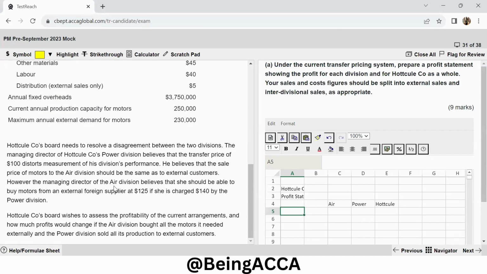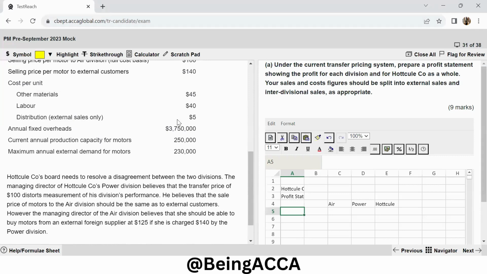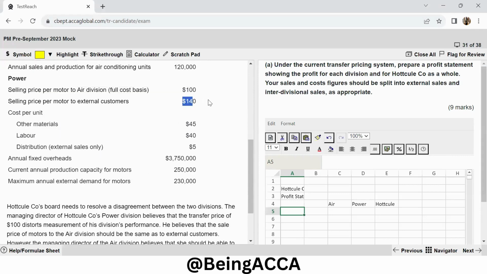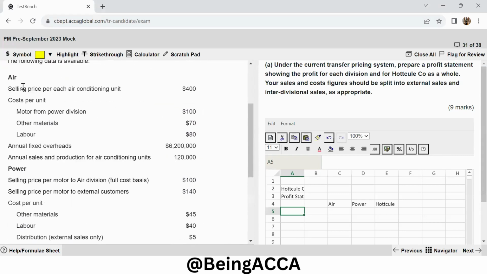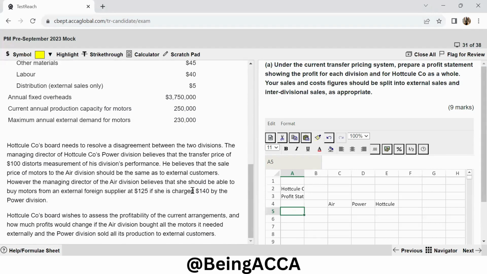However, the managing director of the air division believes that she should be able to buy motors from an external foreign supplier at $125 if she is charged $140 by the power division. So they are both having an interdepartmental conflict. Power division says that we should be selling to air division at the same price of 140. And now the manager of air division is saying that instead of buying it at 140 from this division, I will rather source it from outside the company for $125.